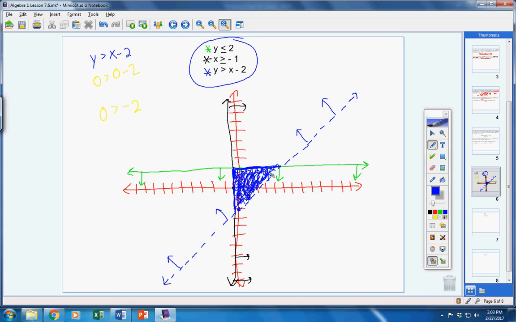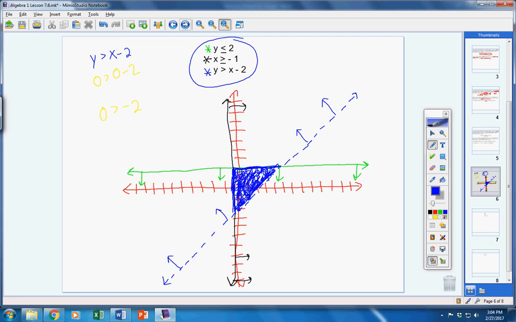Any point that falls on the black line is part of your solution because the black line is solid. However, any point that falls on the blue line is not part of your solution because the blue line is dotted. And so if it's dotted, that's not part of your solution set. Alright? And that's it. Okay, guys, I hope that makes sense.